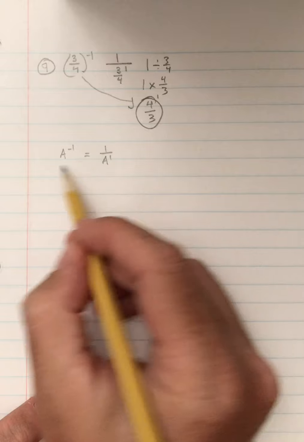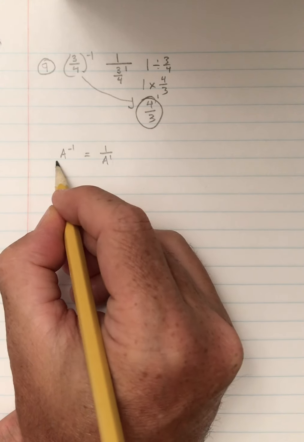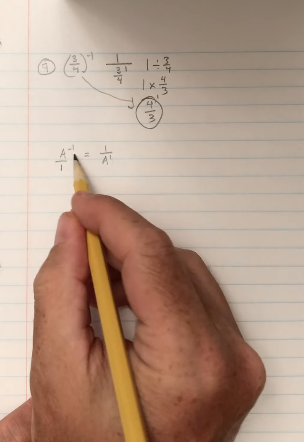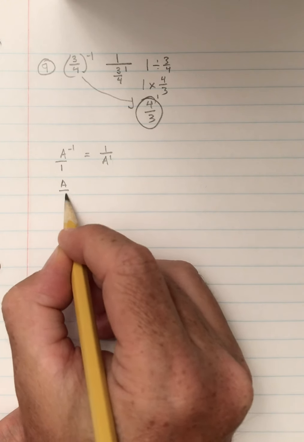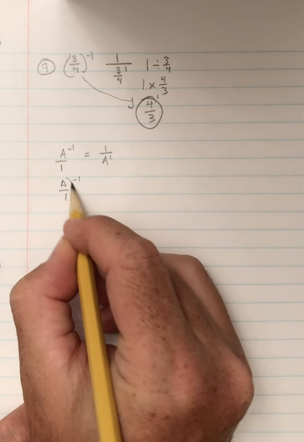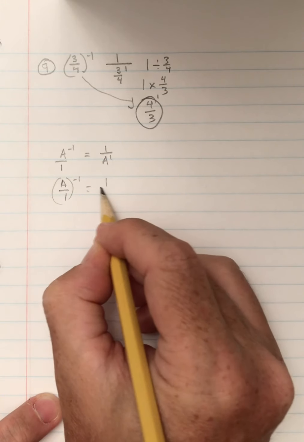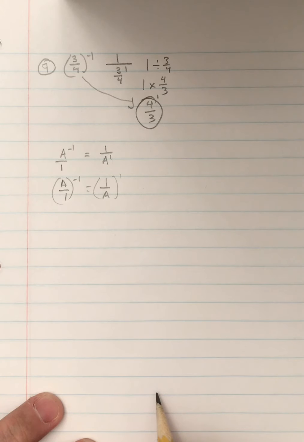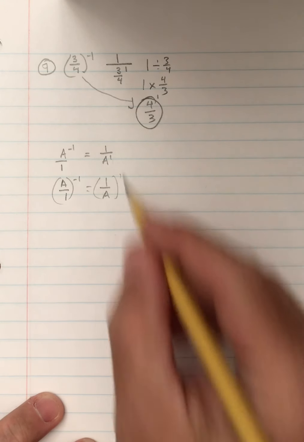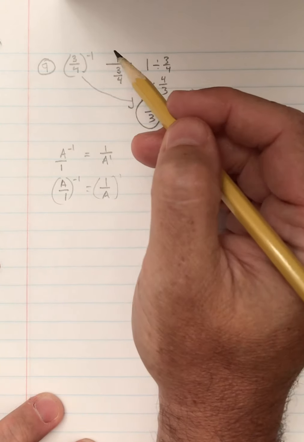This thing is the reciprocal of this. Think of it like this: a over 1 raised to the negative 1 power equals 1 over a to the first power. So the effect of the negative 1 basically turns it into its reciprocal.